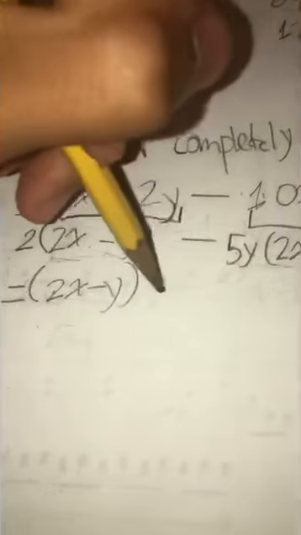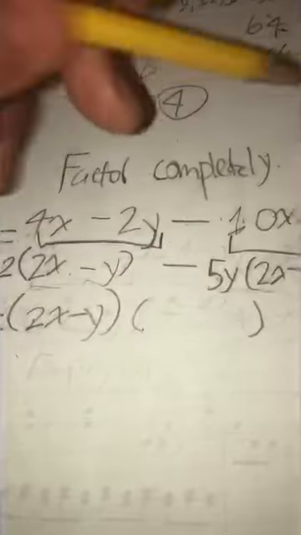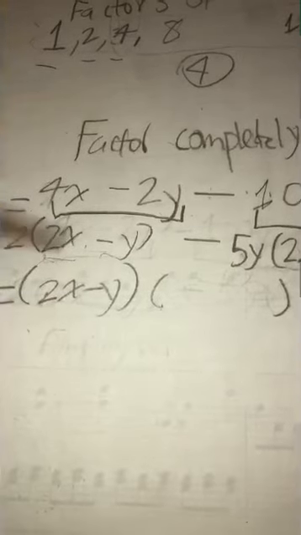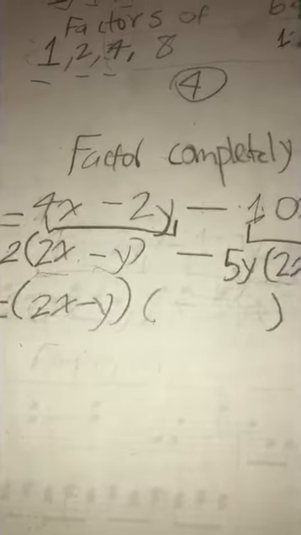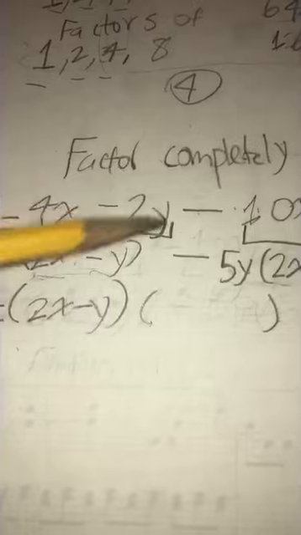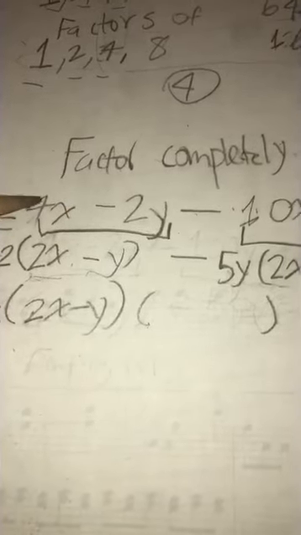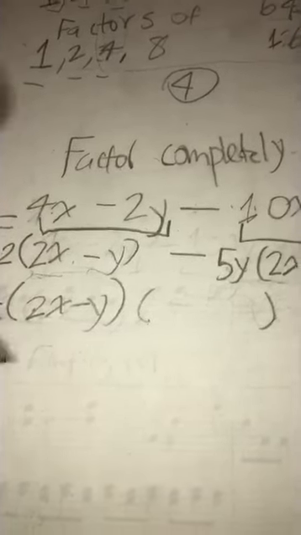10x minus y times what? What times 2x, excuse me, I said 10x. What times 2x minus y would equal 4x minus 2y? And a simple number would equal 4 and 2y. I think that would be 2.